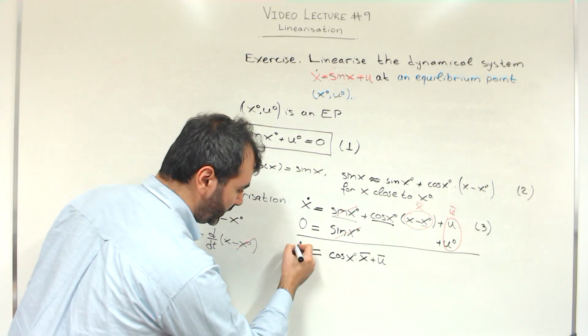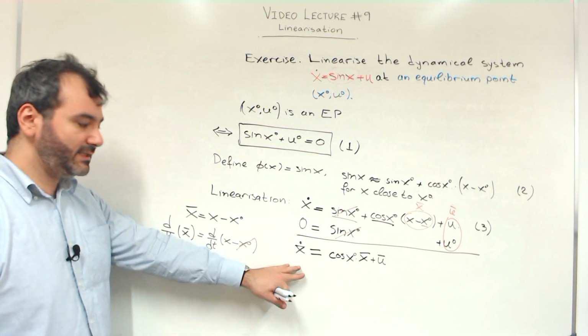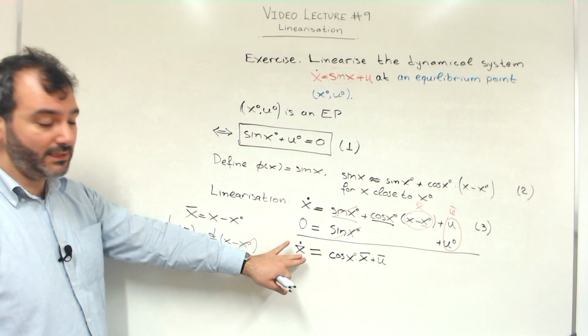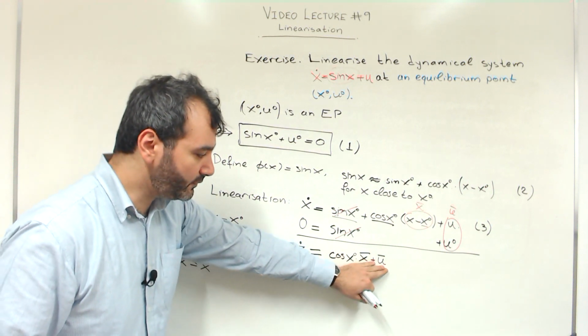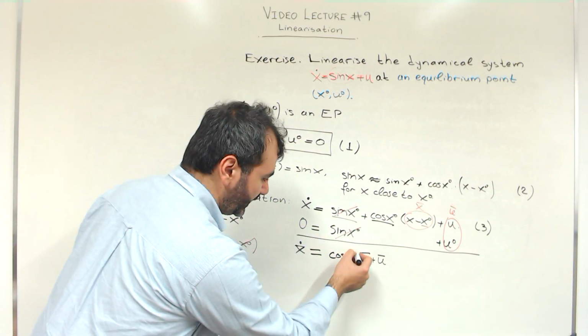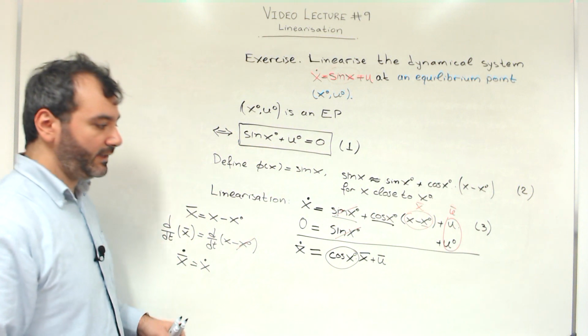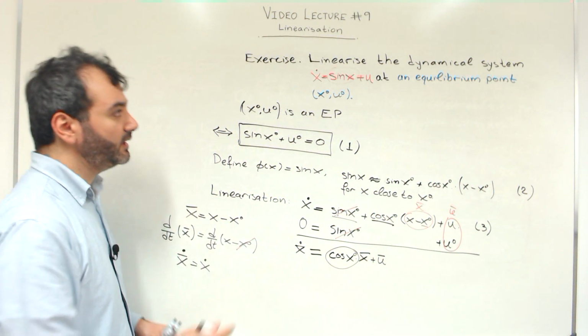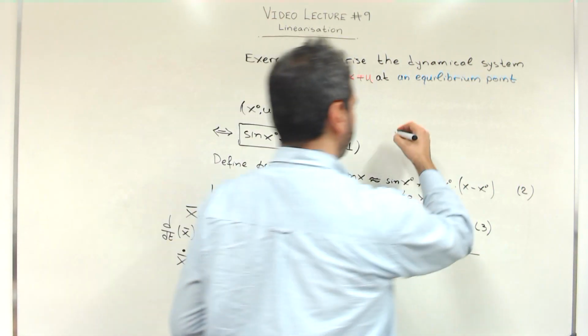So I can simply put a bar here, and now this is a simple equation. It is a dynamical system with state variable x bar and input variable u bar. And cosine of x0 is just a number. It is a constant.